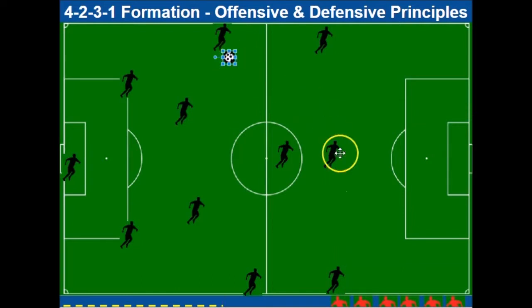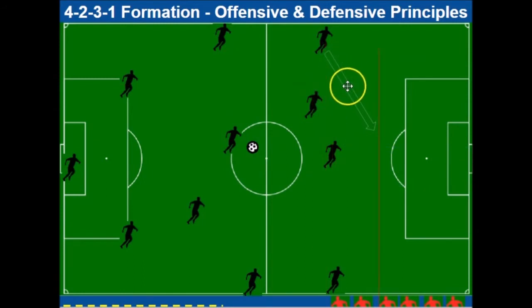So in terms of advancing the ball up, let's say we get it into one of our pivot players. Let's just say we've started again through our pivot player. As soon as that player gets the ball and is facing forward, we should see a variety of options. As soon as that player's first touch is taken and the eyes go up, we should be seeing players moving into space.